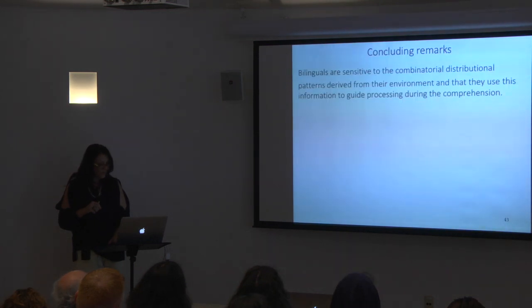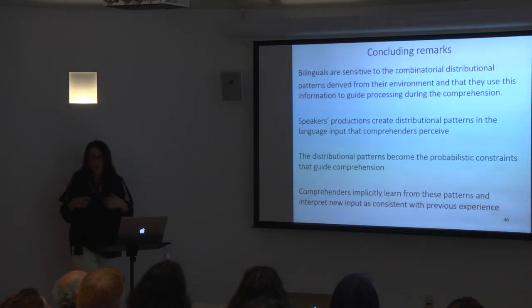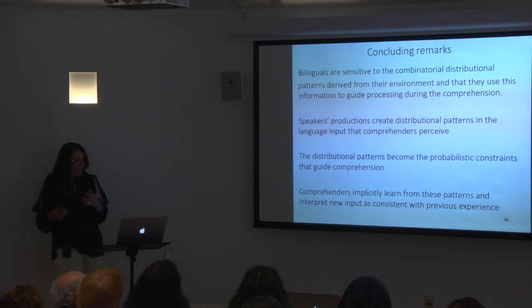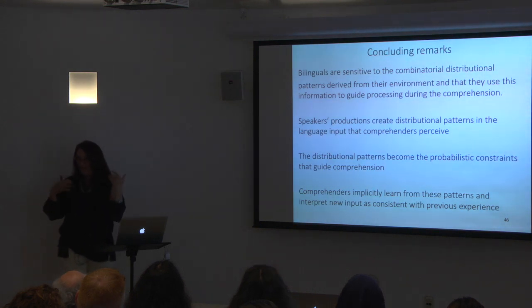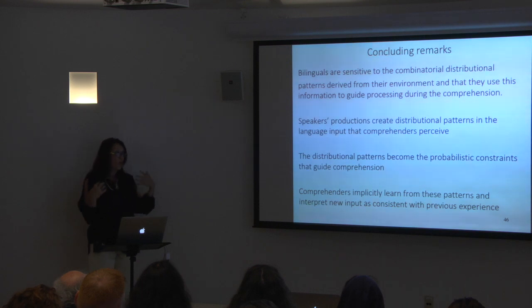So comprehenders implicitly learn these patterns and interpret new input as consistent with previous input, which is a mechanism that explains why you see changes from the L2 into the L1, which is why bilinguals are actually dancing with language.